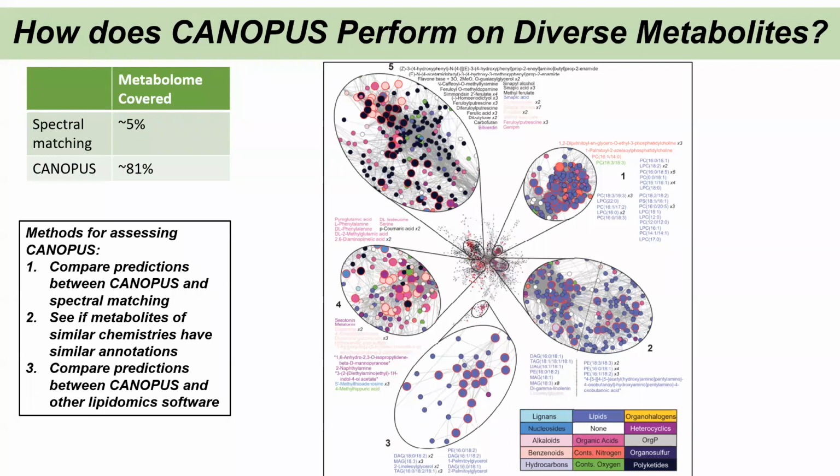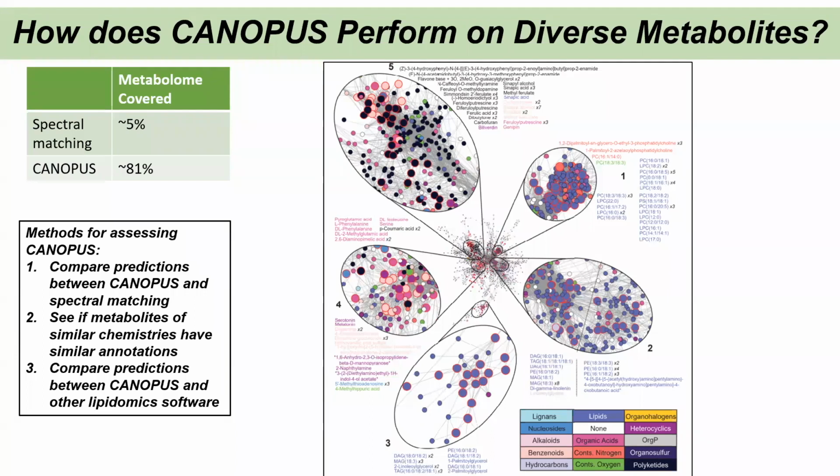For example, if you look at this subnetwork here with a lot of nodes very close together, CANOPUS is calling them all lipids. These are all phospholipids. Here's another group of glycerolipids, and then phospholipids here. Another group of glycerolipids. This group up here contains many polypeptides or fumaric acid.